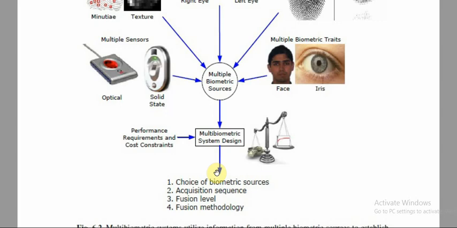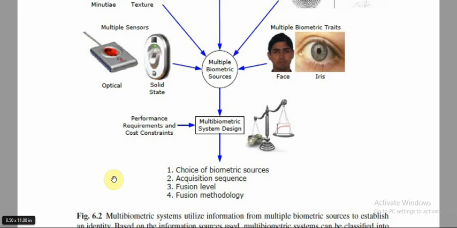Then we should evaluate the performance requirement and the cost constraints in order to design a multi-biometric system. After you select your biometric sources and acquisition sequence, we should decide about the fusion level and fusion methodology.